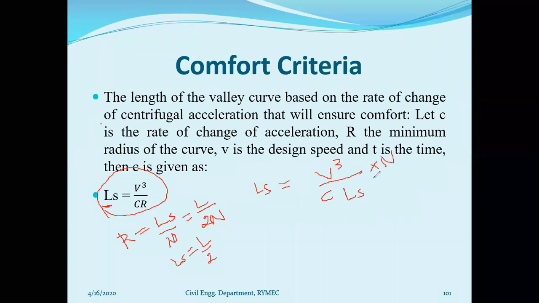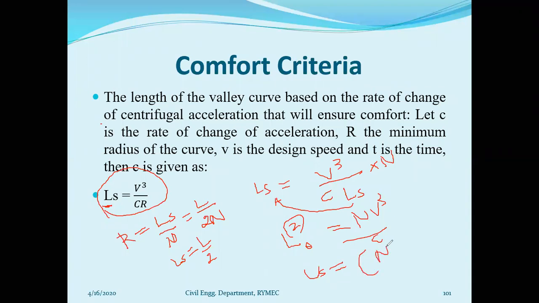If I take this LS towards your LHS, what will it become? LS square is equals to N V cube divided by C. Definitely we are going to get. If I remove this square, LS is equals to under root, or you can write 1 by 2 power also. LS is equal to the bracket N V cube divided by C over the bracket 1 by 2, right?